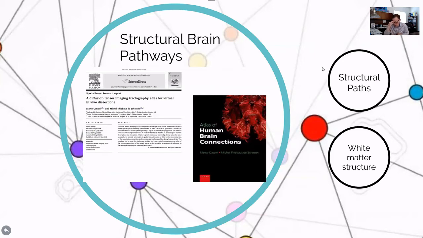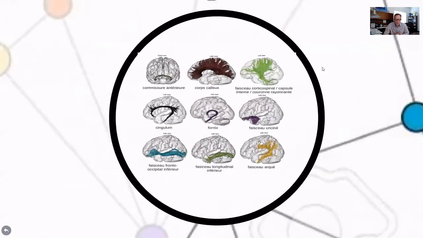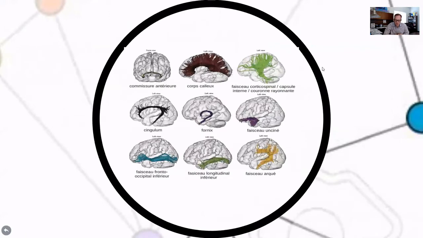And for anyone working in this area where you are trying to apply connectivity training, understanding those networks is crucial. So here's just an example of some of them. These are in French, so excuse some of it. But the anterior commissure is a pathway connecting both frontal lobes. The corpus callosum, we're going to go from left to right, most of you are probably familiar with.